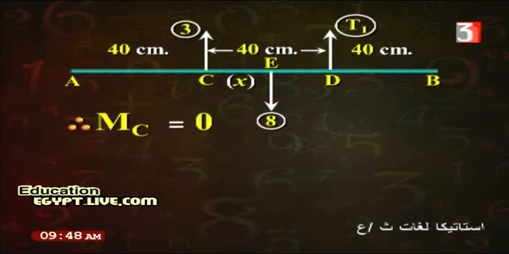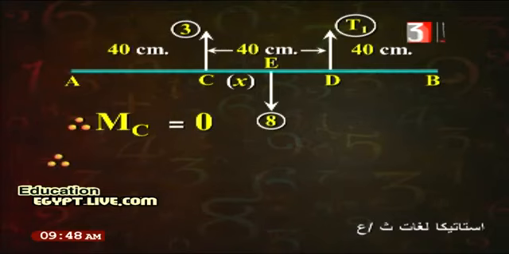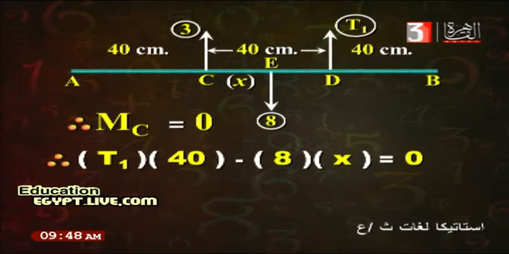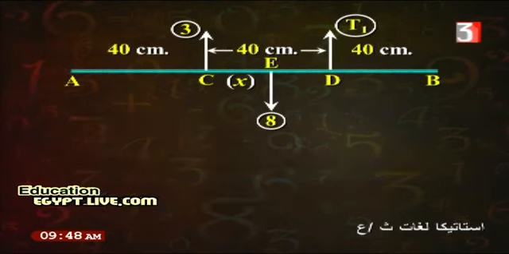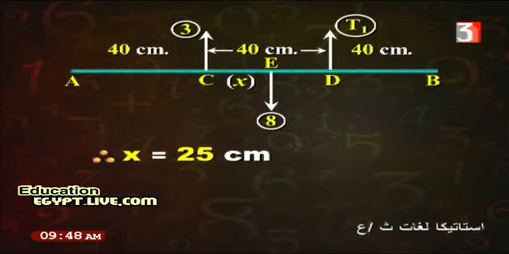Therefore, we take the moment at point C to calculate the value of X. T1 times 40 minus 8 times X equals 0. Therefore, by substitution, T1 equals 5, so 5 times 40 equals 8 times X. Therefore, X equals 25 centimeter.